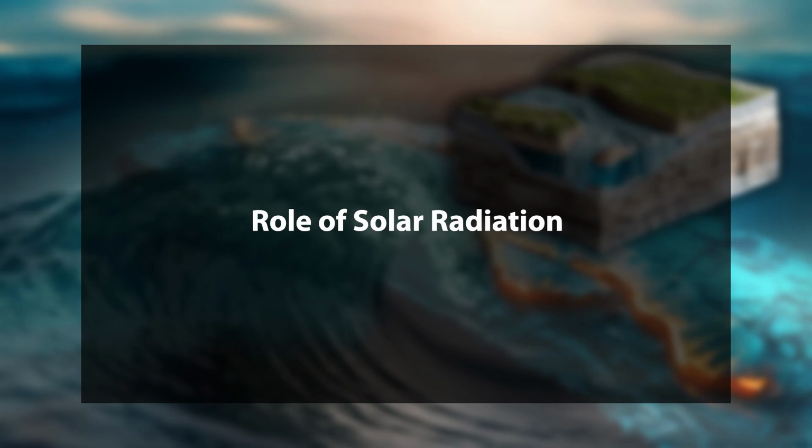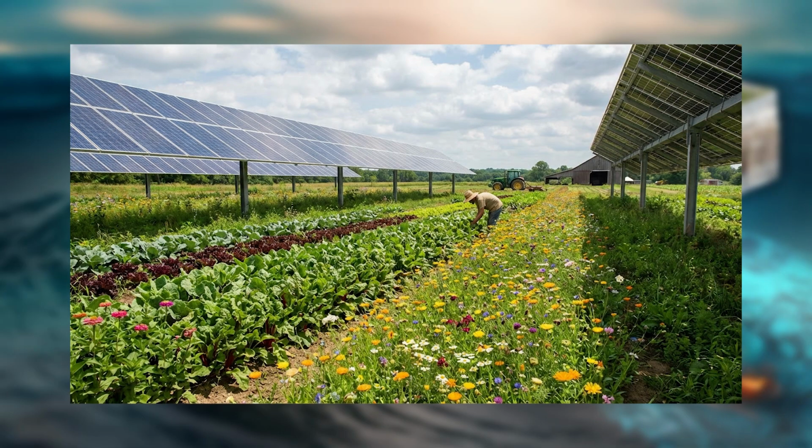So far as the energy basis of the hydrological system is concerned, the role of solar radiation comes into existence. The hydrological cycle is fundamentally driven by energy, with solar radiation acting as its primary source. Solar energy provides the heat required for evaporation and evapotranspiration, initiates atmospheric circulation, and influences cloud formation and precipitation processes.